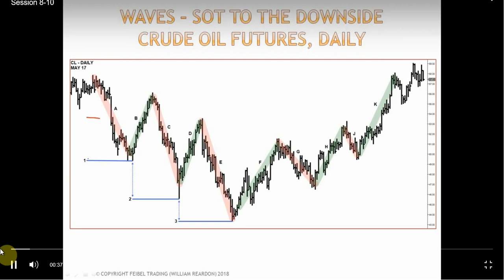As we can see here, from here to here, 1 to 2 to 3. And wave E is our largest down wave, yet progress is halted. So with the largest selling on the chart, we make the least amount of progress.